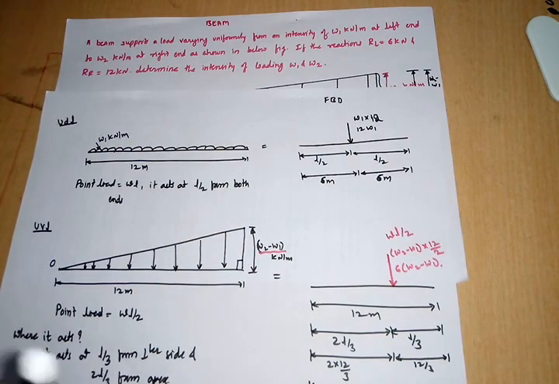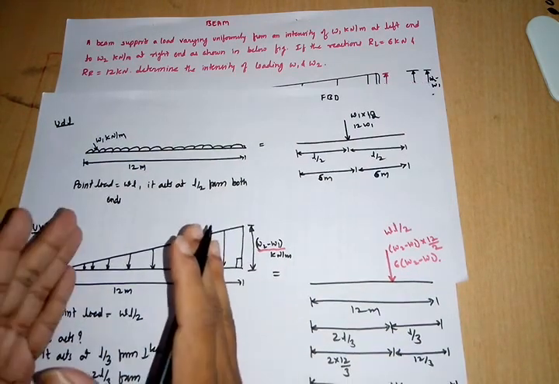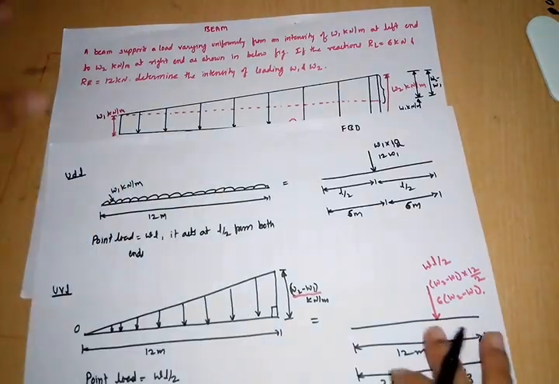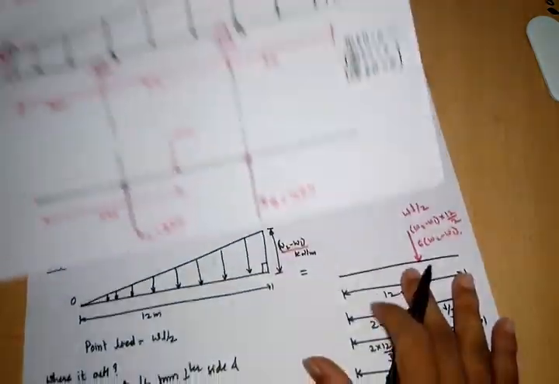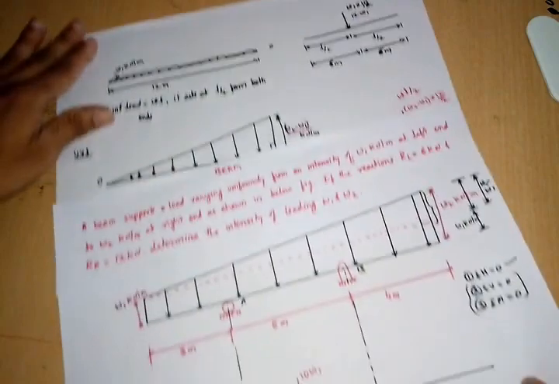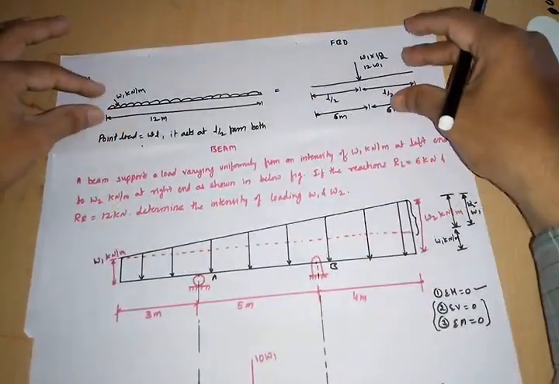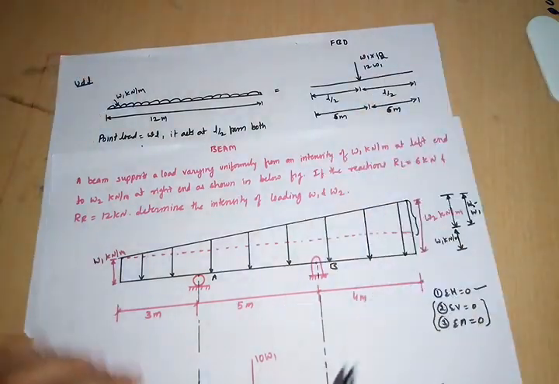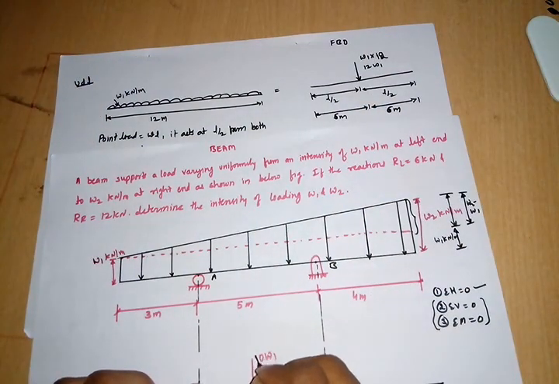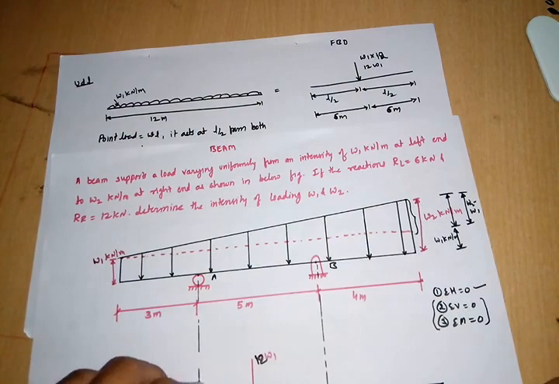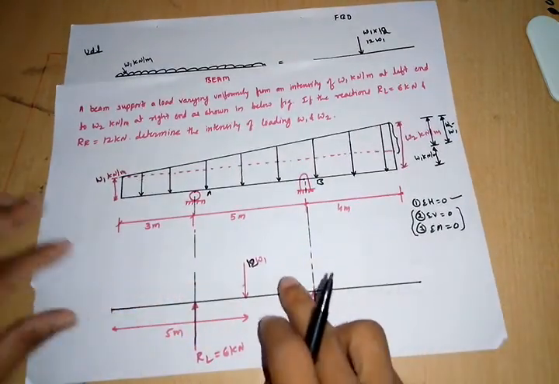This is the free body diagram of the UVL and the UDL. Now I have to draw the overall free body diagram. First I draw the free body diagram of the UDL, as shown here. Here it is 12 W1.